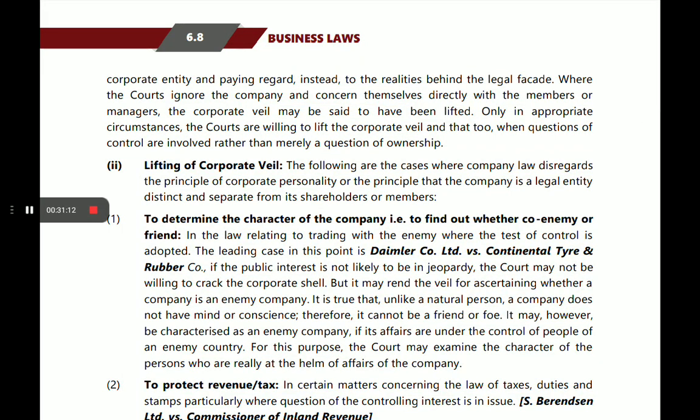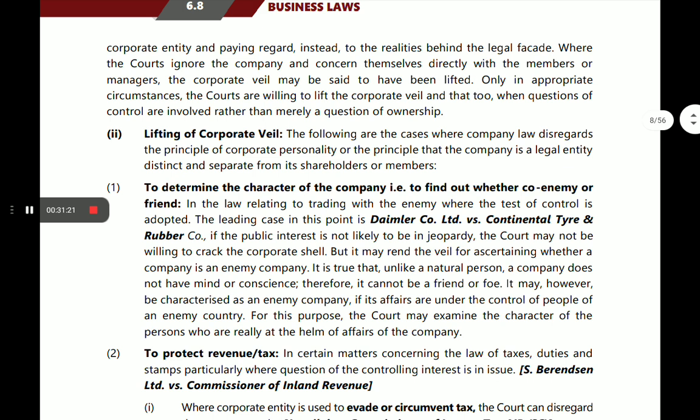Lifting of corporate veil: the following are the cases where company law disregards the principle of corporate personality, or the principle that the company is a legal entity distinct and separate from its shareholders or members.